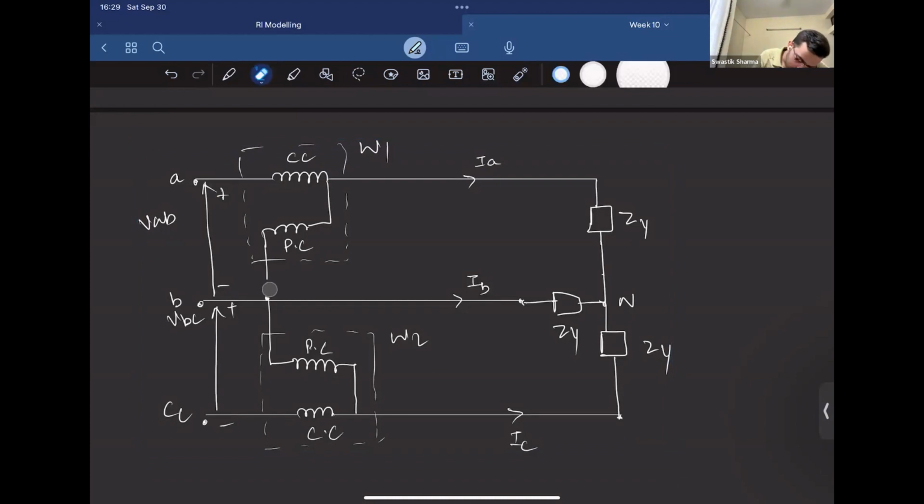So instead of this, what they're doing is they don't have a second wattmeter, right?